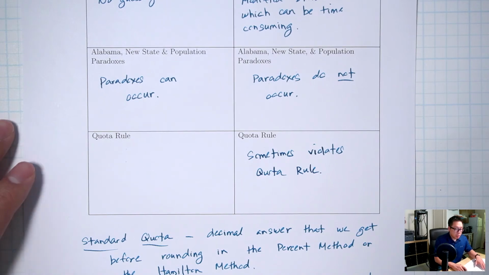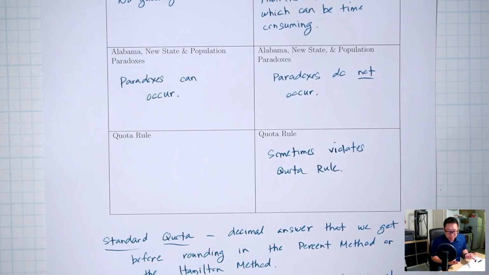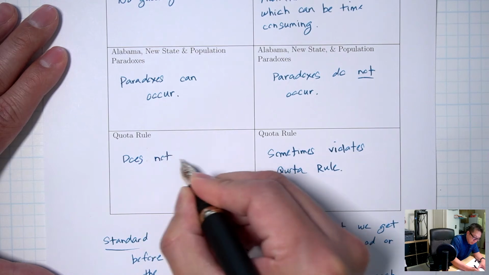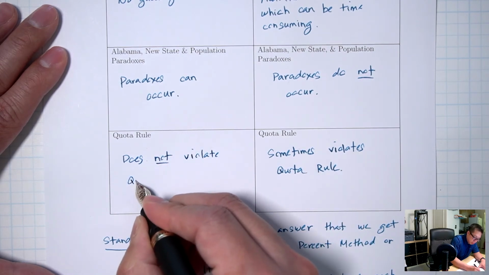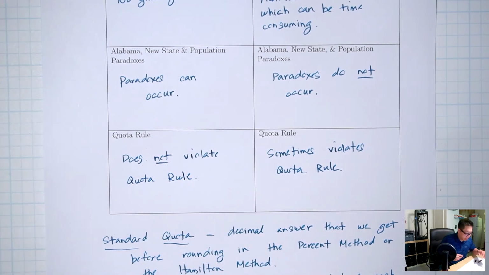So sometimes you end up with a state that gets more representatives than they deserve. Now, the Hamilton method, on the other hand, does not violate the quota rule. So neither method is perfect.